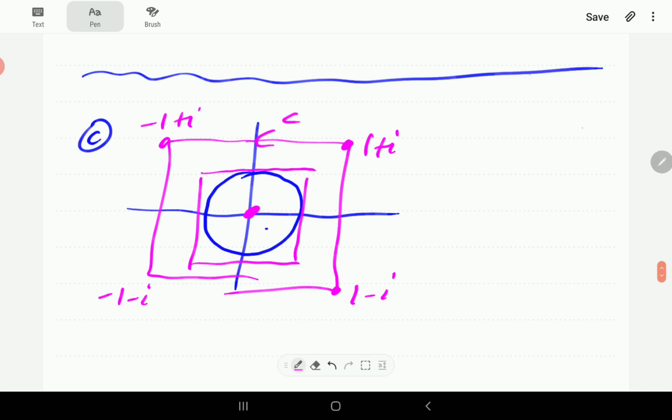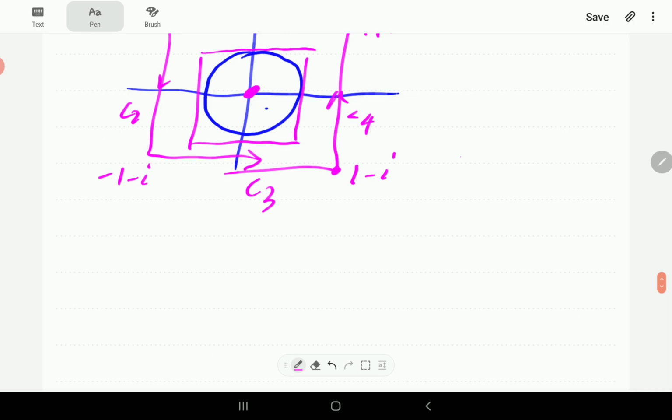If we call this C1, this one C2, this one C3, and this one C4, then we're going to work this out manually.